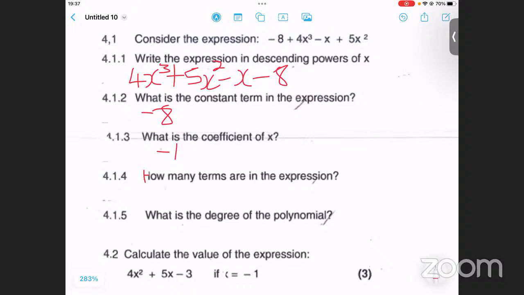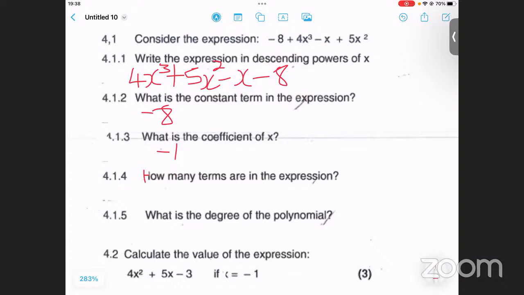I think 3. 4 terms, ma'am. 4. Are you sure we're having 4? No, ma'am, I think it's 3. Are you sure it's 3? Ma'am, I'm not sure. Okay, cool.